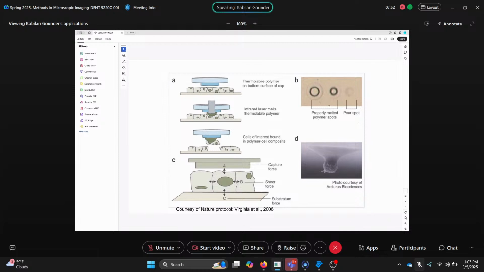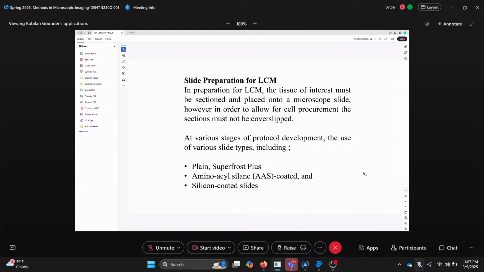So the next is the slides. We can use either a frozen tissue section or a paraffin section. Based on that, we can use Superfrost Plus if you are using a frozen section, or you can use amino acid, silane or silicon coated slides.